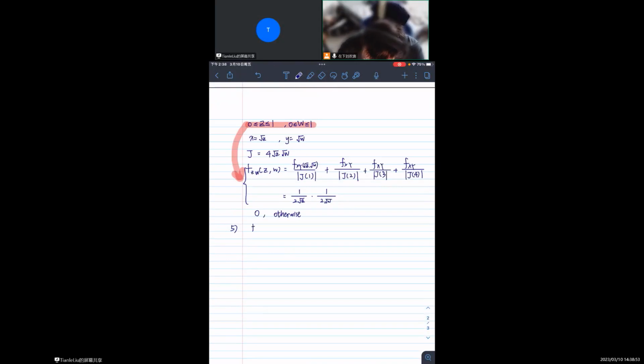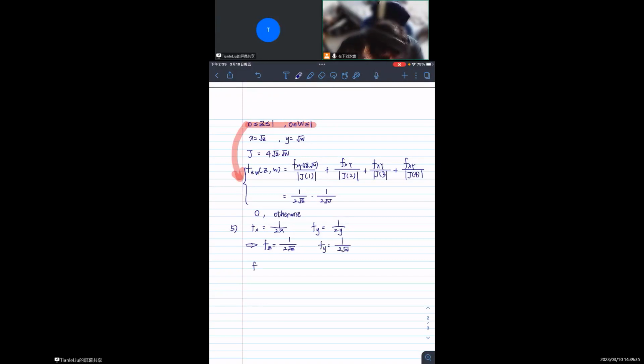By the information above, we have f_X equals 1 over 2x and f_Y equals 1 over 2y, which leads to f_Z equals 1 over 2 square root of Z, and f_W equals 1 over 2 square root of W.